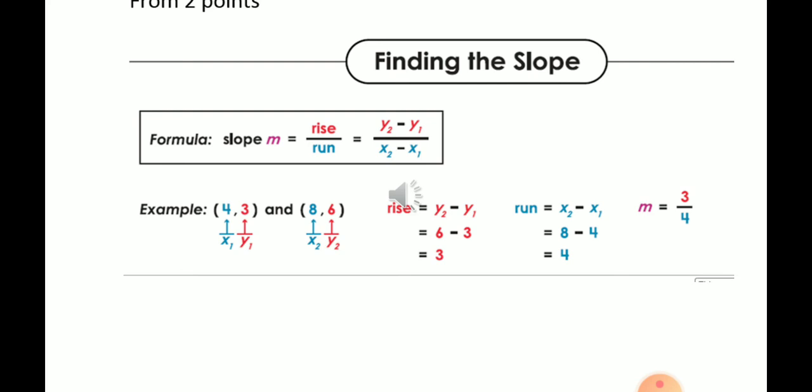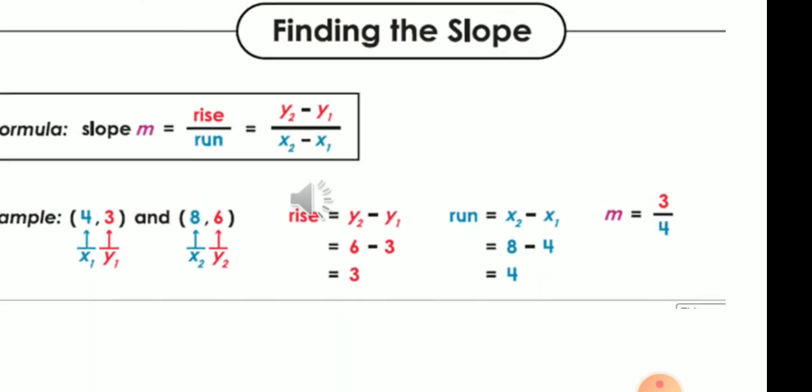So if I have an example here, (4, 3) and (8, 6), the rise will be y2 minus y1, y2 which is 6, y1 which is 3. 6 minus 3 equals 3. The run is x2 minus x1, so 8 minus 4 will give me 4. So m will be 3 over 4.